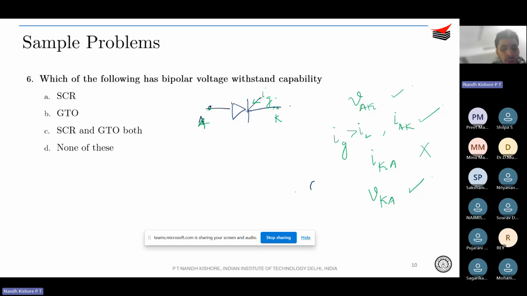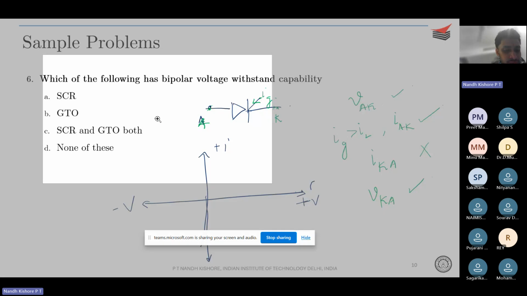So coming back to the quadrants of operation, for an SCR, this is plus V, minus V, plus I, and this is your minus I. So where can it operate?